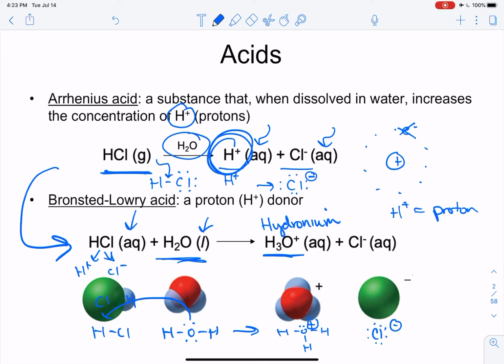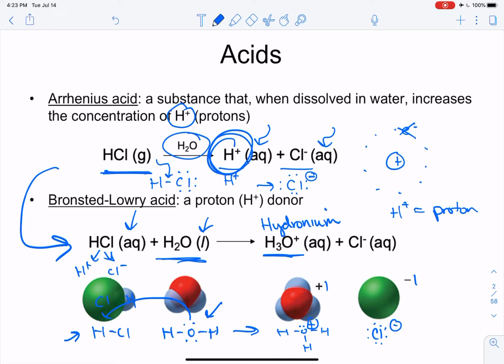So we have neutral here, and those are both charges of 0. And then over here we have +1 and -1, and when you add those up, you also have a net charge of 0. So we have conservation of charge there. We have 0 net charge on the left-hand side and 0 net charge on the right-hand side.